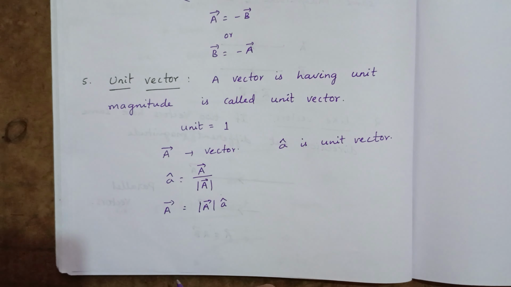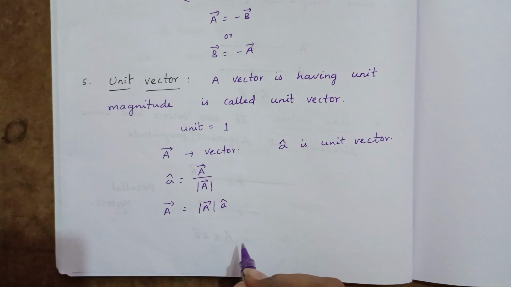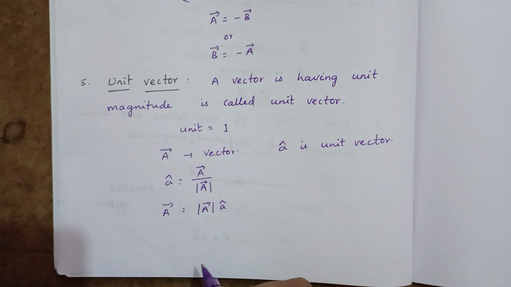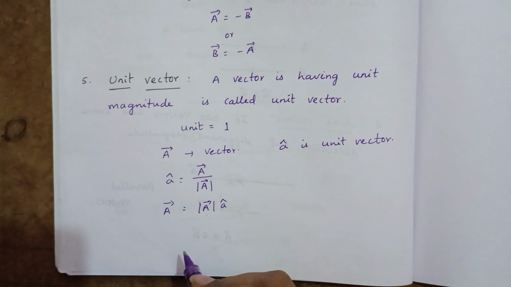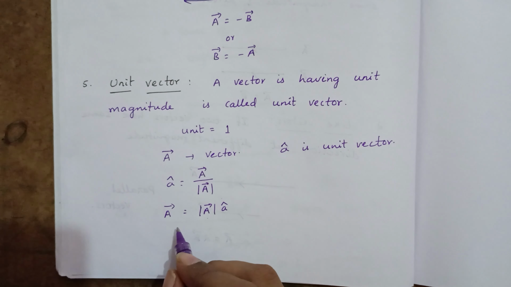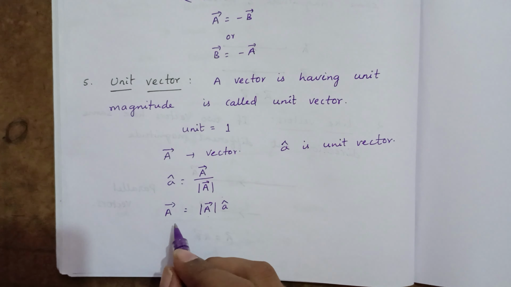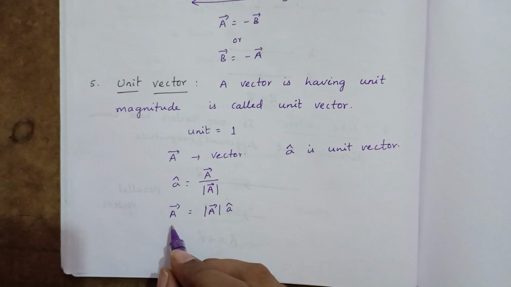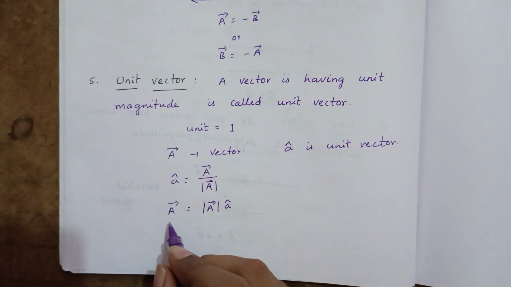To convert it into a vector, we should add the direction. So multiplied with the direction, magnitude and direction, then it becomes a vector. Now the unit vector has direction parallel to its vector A bar. Parallel to A bar.